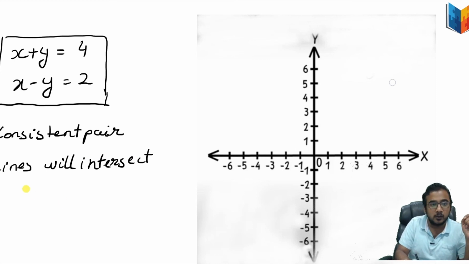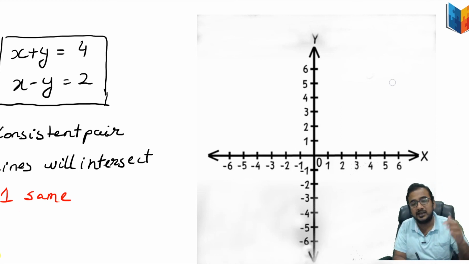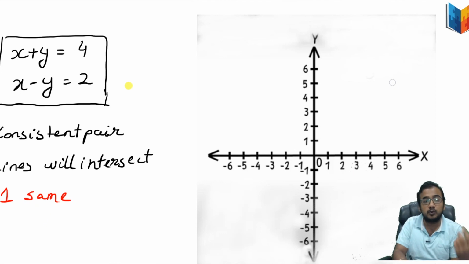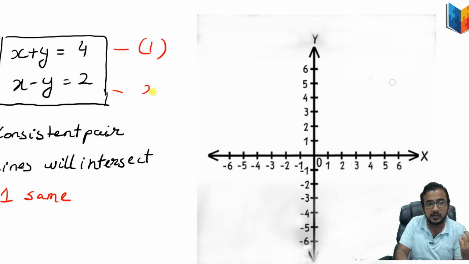So it will have one same solution. Suppose x is equal to 3 and y is equal to 1, which will be the same for both equation 1 and equation 2.